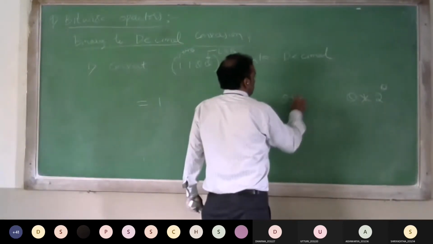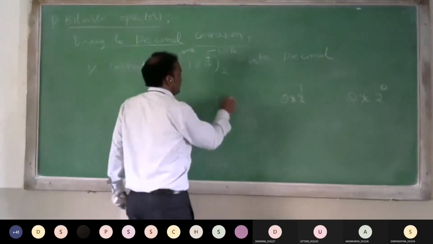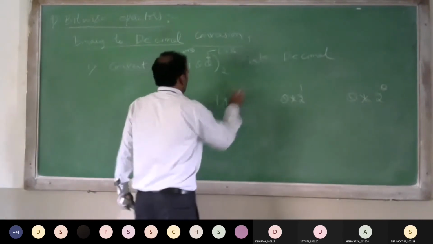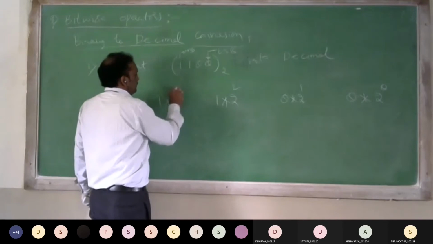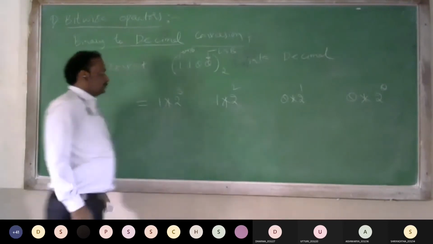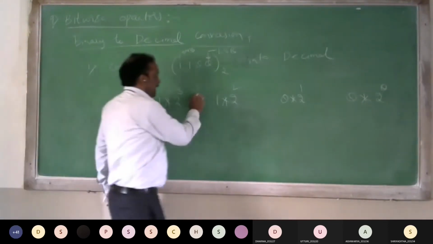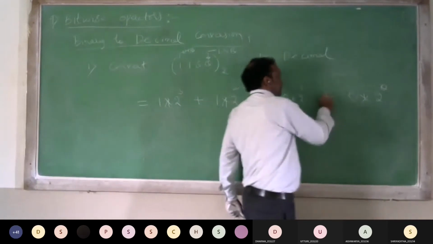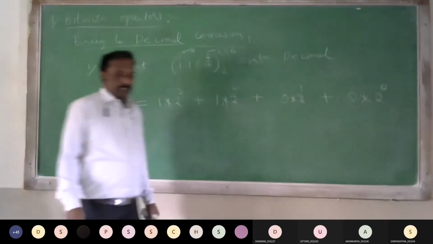Multiply the next digit by 2 power 1. Multiply this digit by 2 power 2. Multiply this digit by 2 power 3. Then add all these numbers.